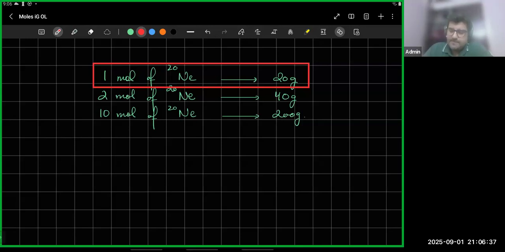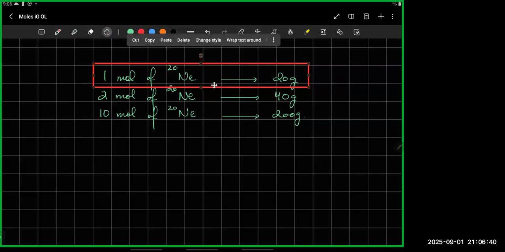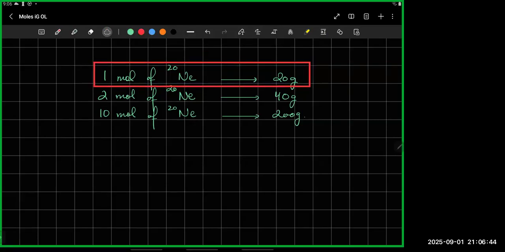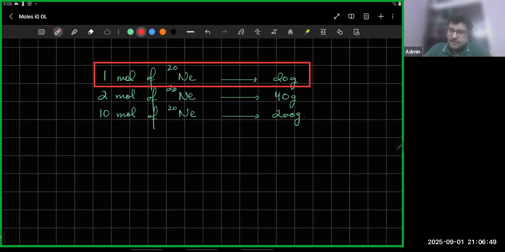Okay, is this clear? Yes. जी. So the formula is basically this. What is the formula? Moles is mass divided by molar mass, right?